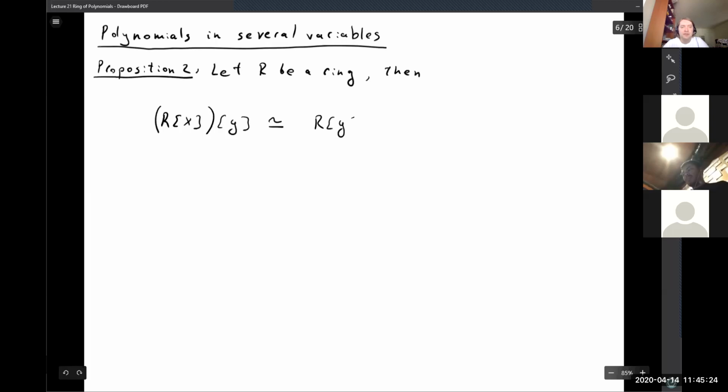If we first look at the polynomials in Y with coefficients in R, and then consider polynomials in X with coefficients in this kind of R prime. So let's say that this is R prime, and this is R double prime. Okay, and they are isomorphic as rings.